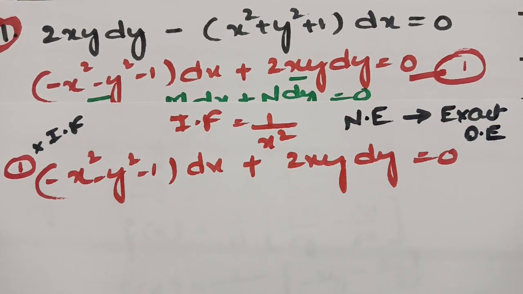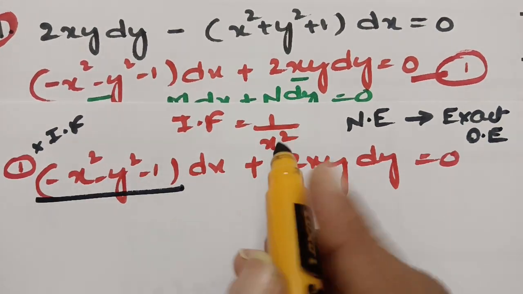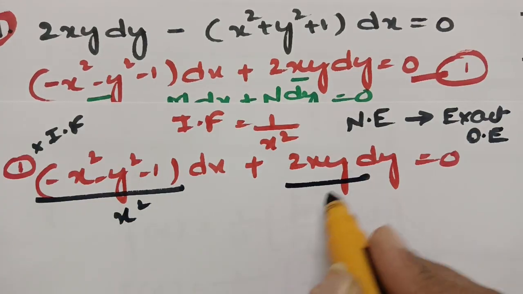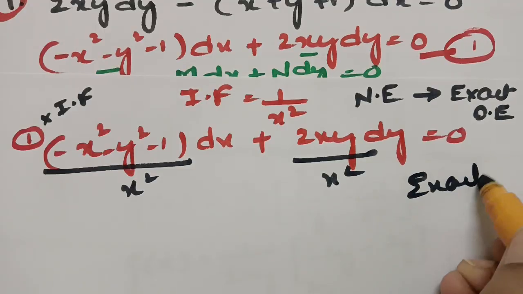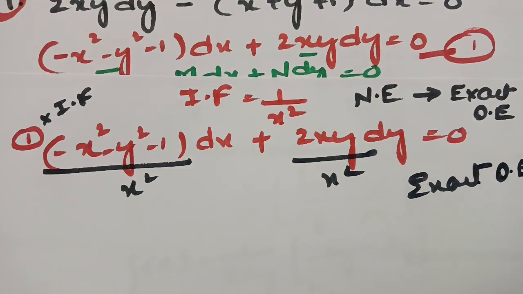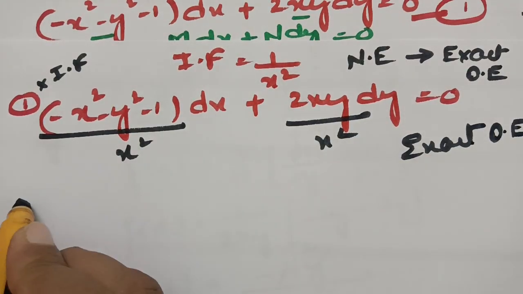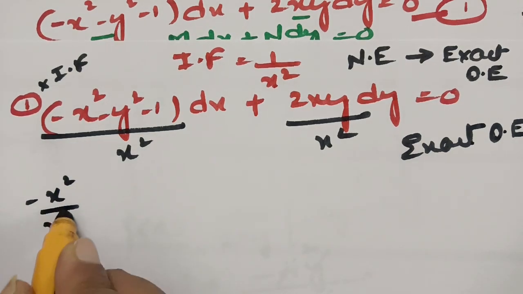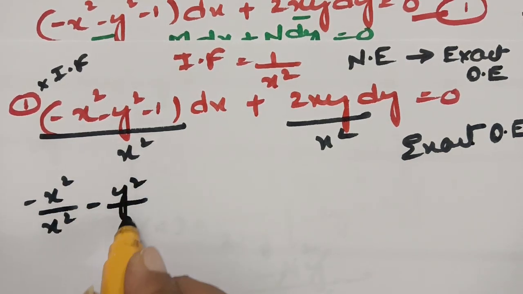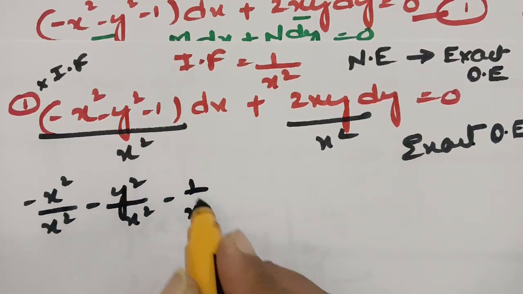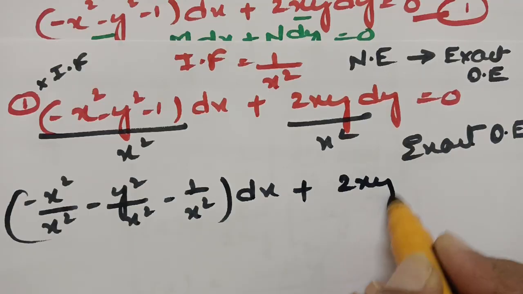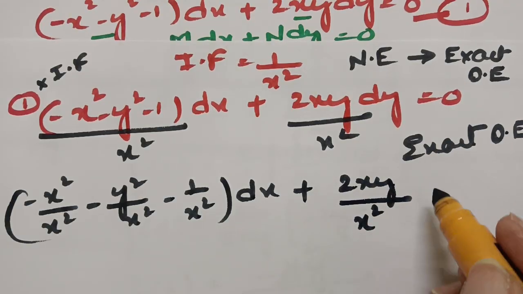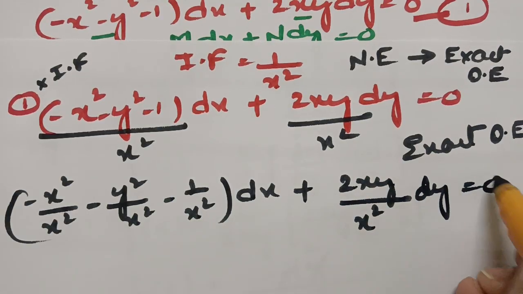Clear? And next, I am going to multiply by the integrating factor 1 by x square. So if I multiply, this equation will become an exact differential equation. Clear? Now if I divide, this is minus x square by x square, this is minus y square by x square, this is minus 1 by x square into dx, plus 2xy by x square into dy is equal to 0.